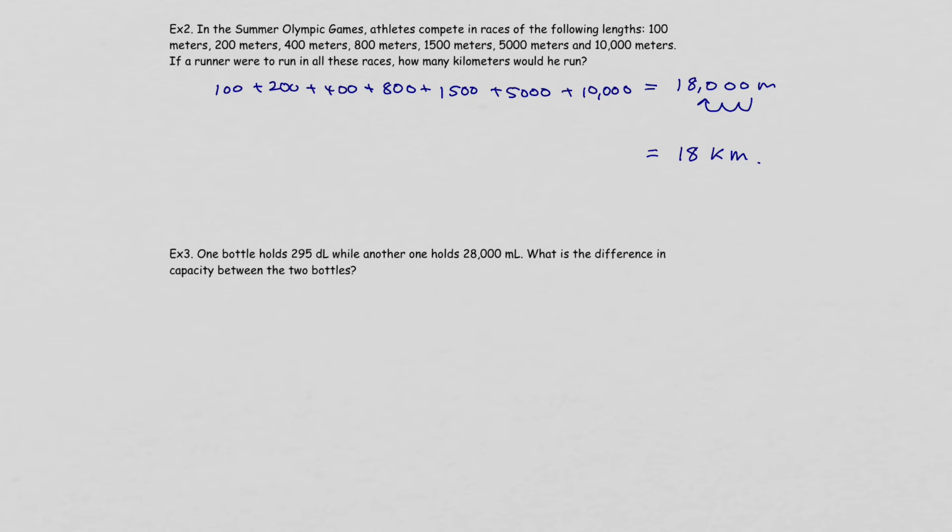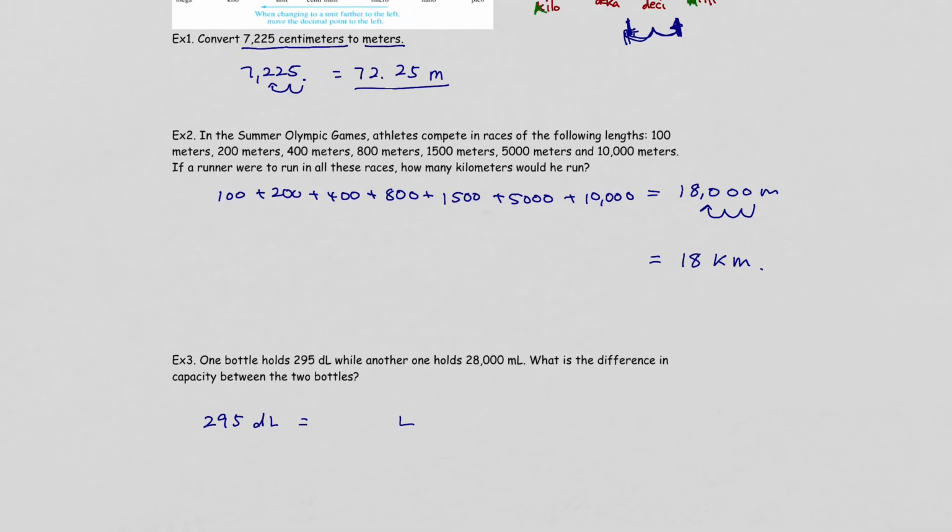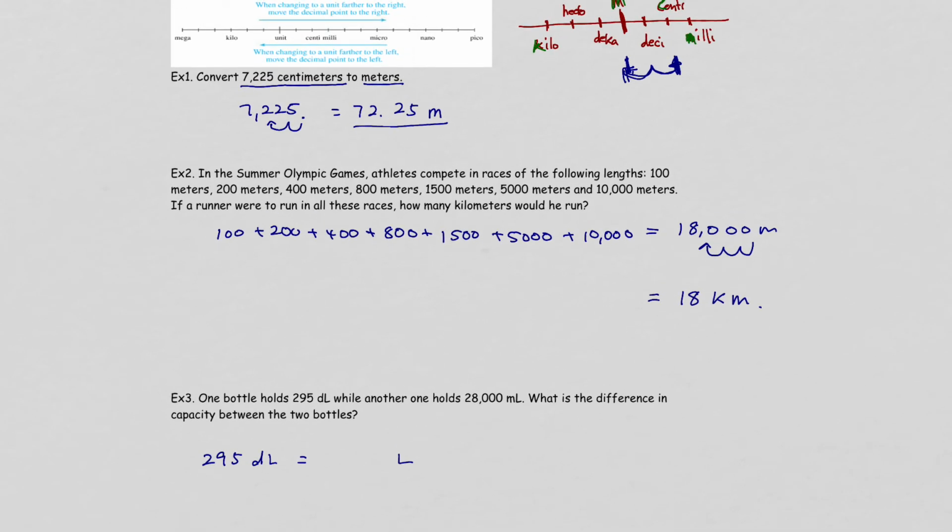So I will do 295 deciliter in 2 liter. And if we wanted to remember, it will be deci, right? So deci to deciliter to liter, it's going to be 1 unit to the left.